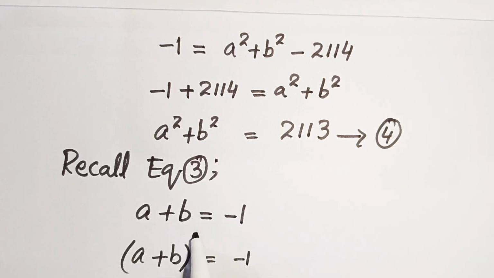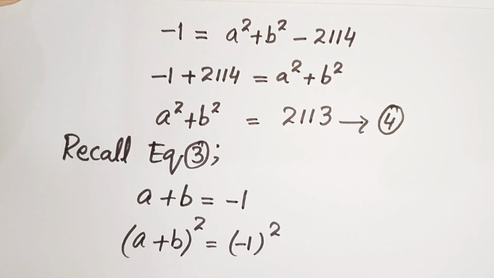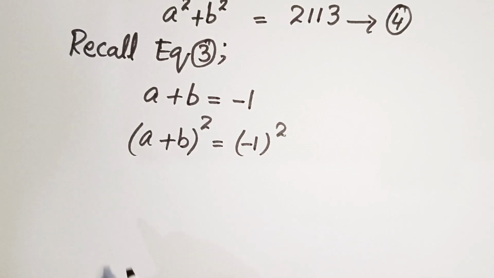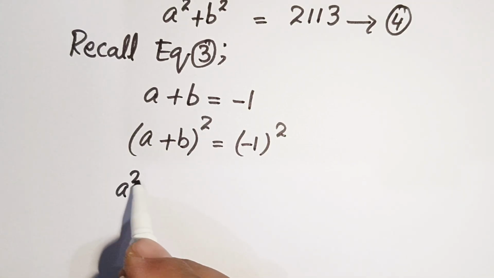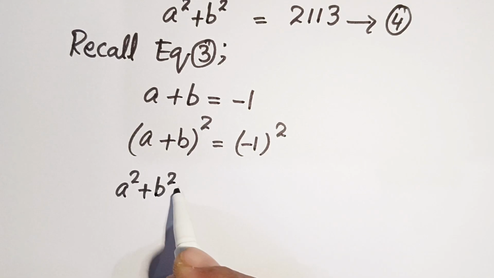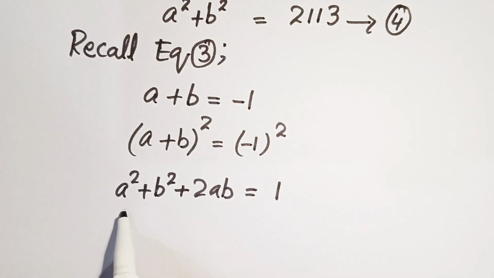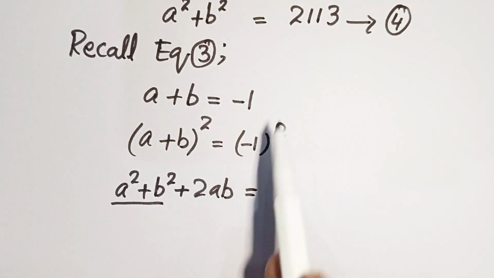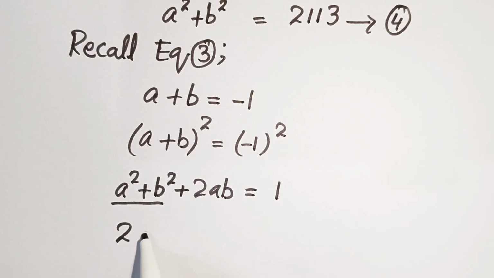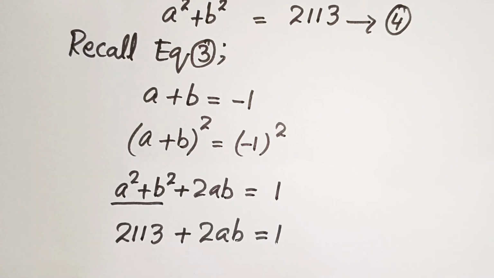If we take the square on both sides, then we have a plus b whole squared, which is a squared plus b squared plus 2 times a times b, equal to minus 1 squared, which is 1. Now this a squared plus b squared from equation 4 is equal to 2113. So we put the value of a squared plus b squared, and plus 2 times ab is equal to 1.